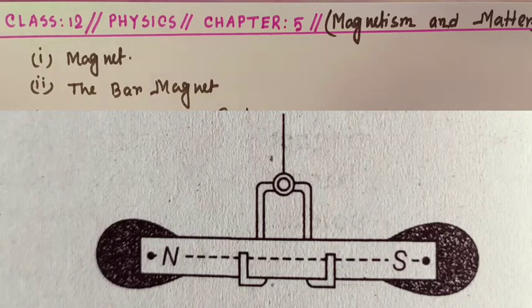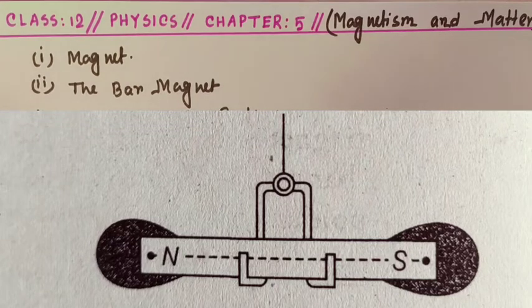When a bar magnet is suspended freely, these poles point approximately towards the geographic north and south poles respectively. Like magnetic poles repel each other and unlike magnetic poles attract each other. I repeat, like magnetic poles repel each other and unlike magnetic poles attract each other.